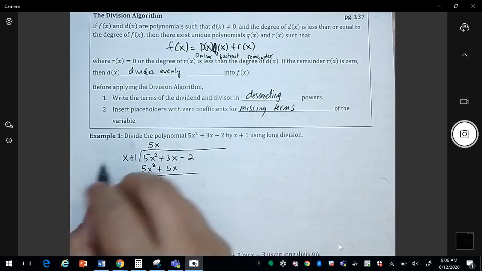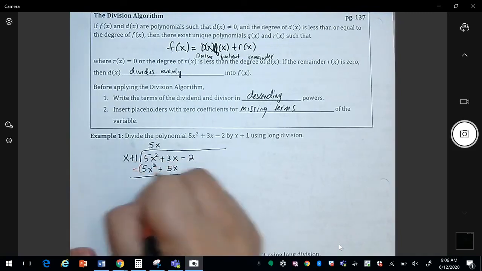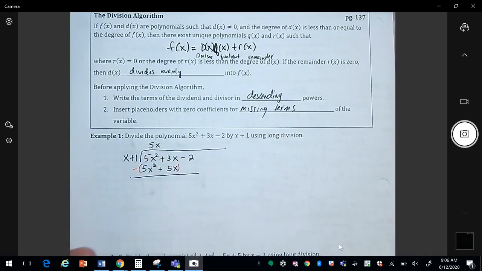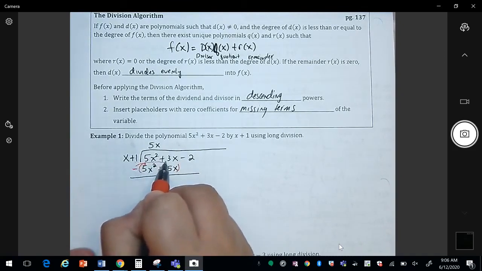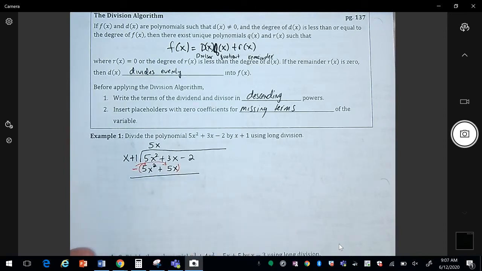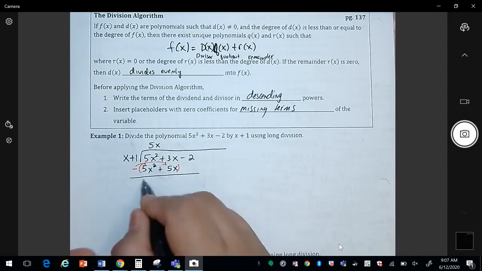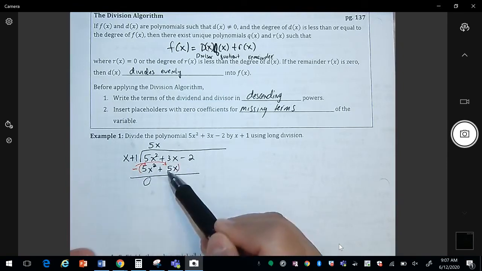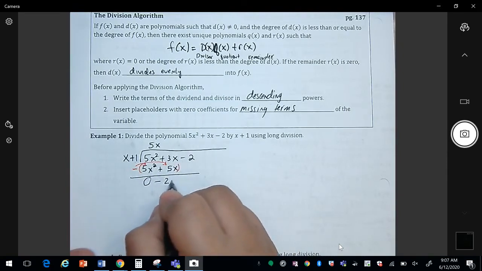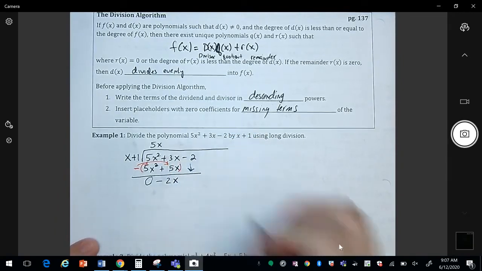Then we want to subtract, but we're going to be subtracting everything in these parentheses. So by doing that, we're distributing this negative into both terms. Now we have 5x squared minus 5x squared is 0, and 3x minus 5x gives me negative 2x. Our next step is to bring down this negative 2.